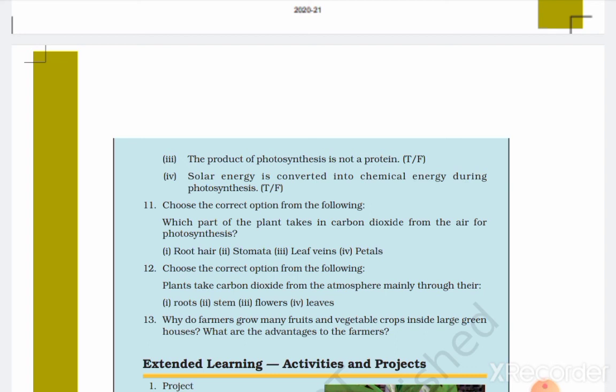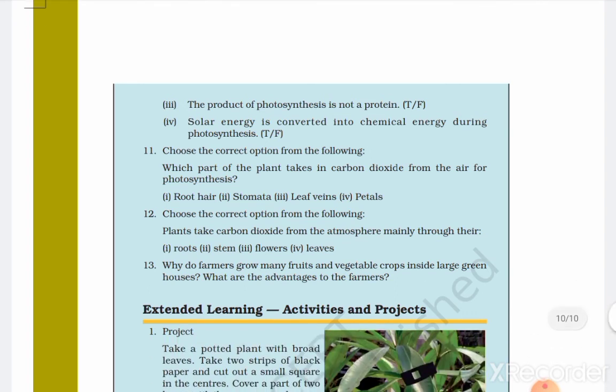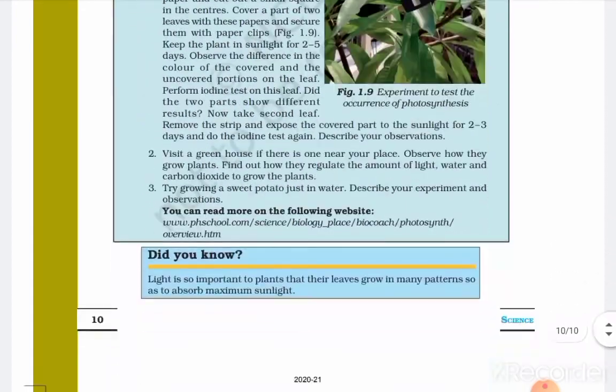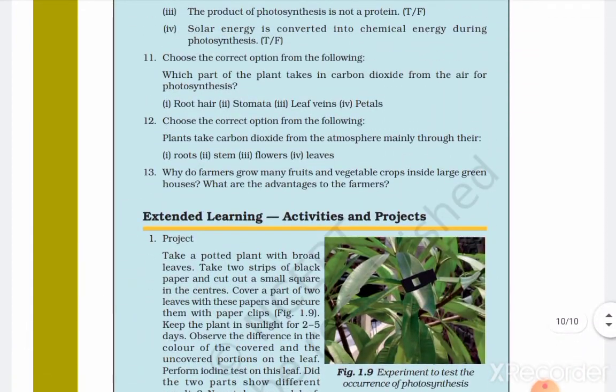So it is false. Solar energy is converted into chemical energy during photosynthesis. True. The other question we will do tomorrow, or we will finish this part here and we will start another part tomorrow, the nutrition in animals.